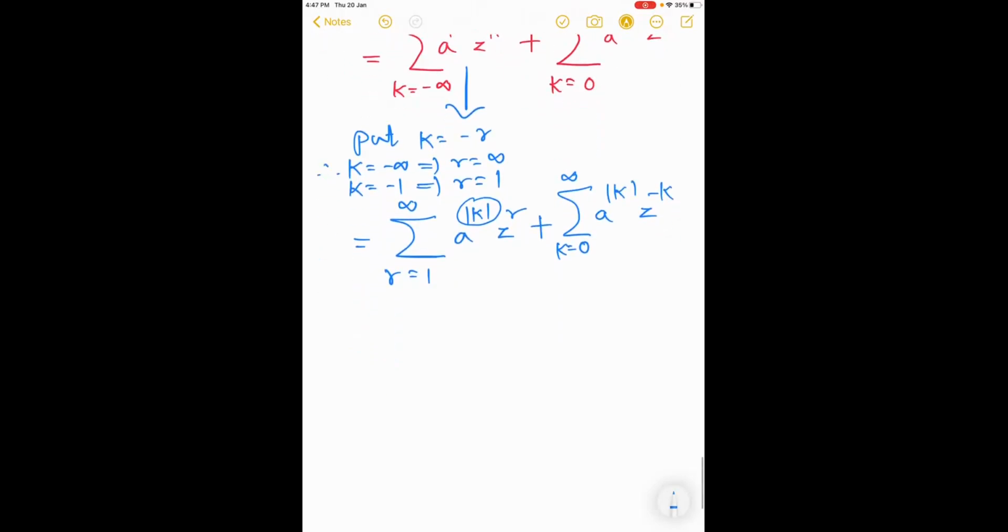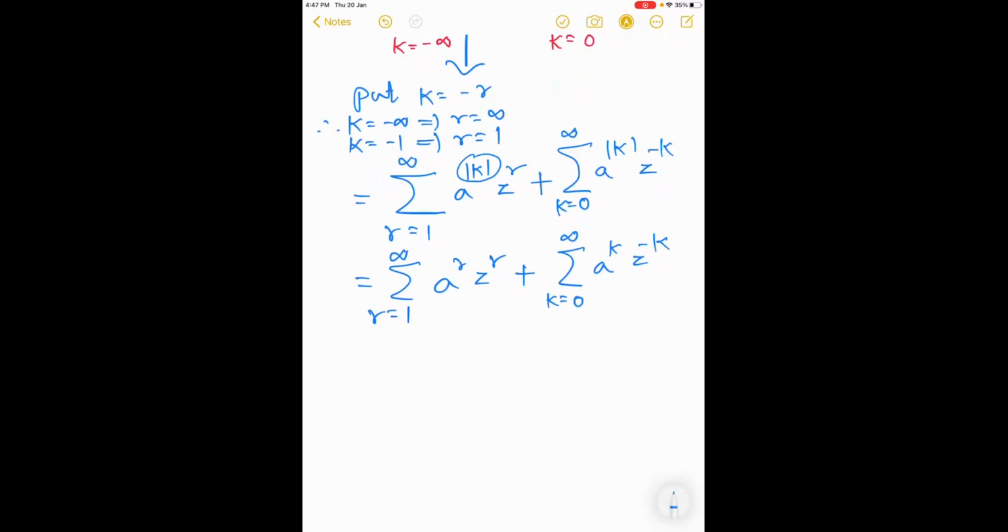So this means summation of a raised to r, z raised to r for the first summation, r from 1 to infinity, plus second summation a raised to mod k and z raised to minus k, k from 0 to infinity.